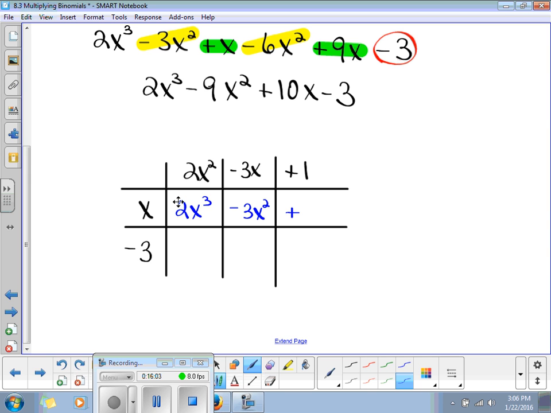And then we have a plus x. Then down here we have a negative 6x squared, a positive 9x, and then a negative 3. And if you see here, look at how your like terms show up. It's still diagonal. They are diagonal.